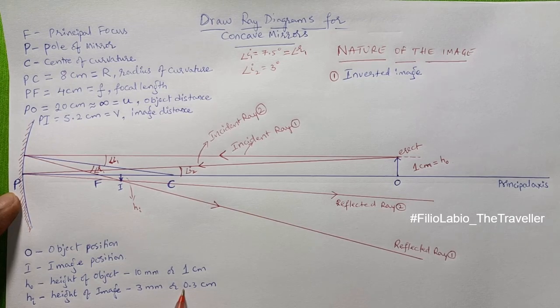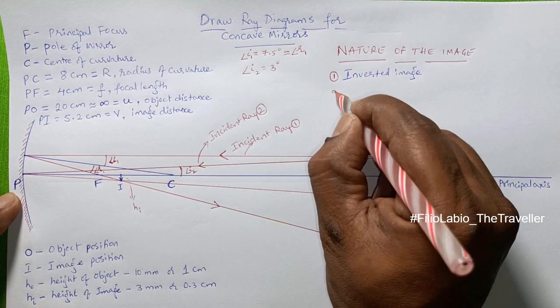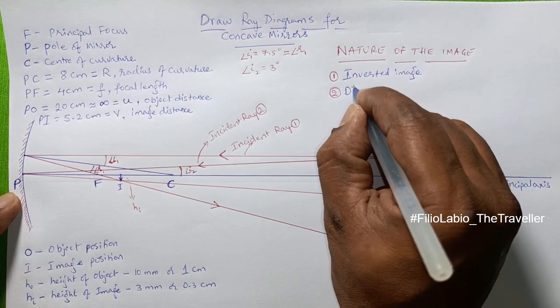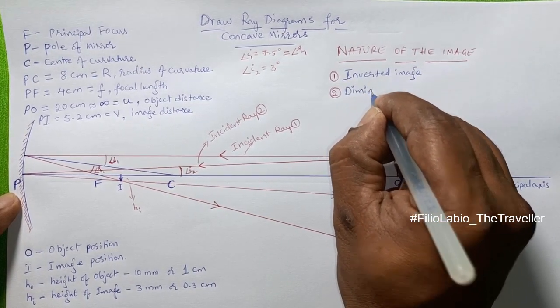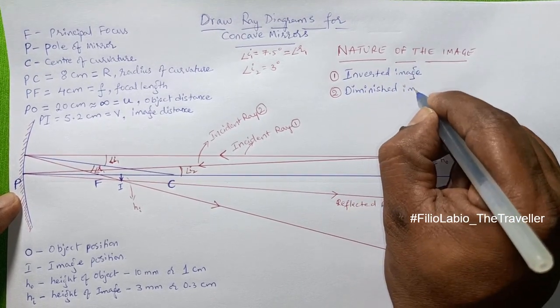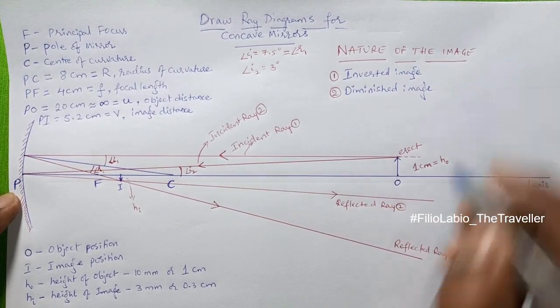Because the height is reduced, the image is called diminished. The image is diminished.